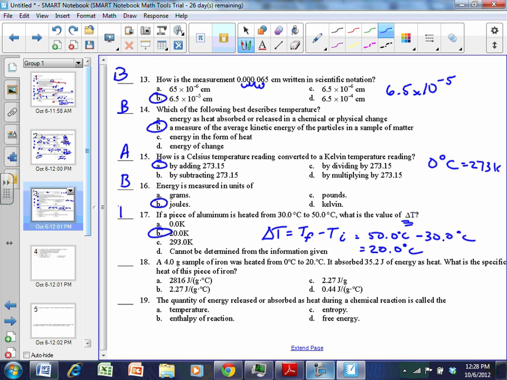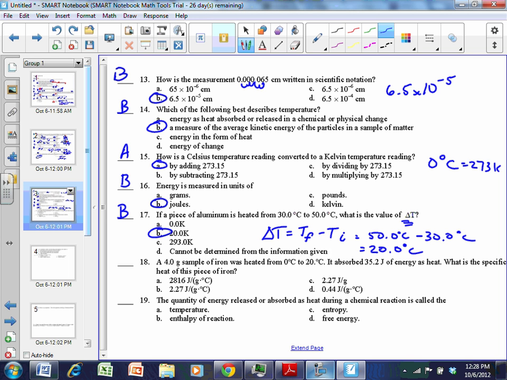Remember, delta T is the same in Kelvin or in degrees C, because every temperature on the Kelvin scale is 273 more than the degree C scale.